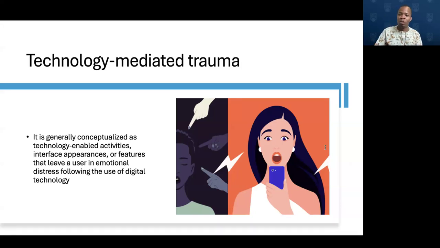I would even say that there's no definition for it. But based on the available literature and my work in this space over the past 2 years, I think of technology-mediated trauma generally as technology-enabled activities, interface appearances, or features that leave a user in emotional distress following the use of a digital health technology.